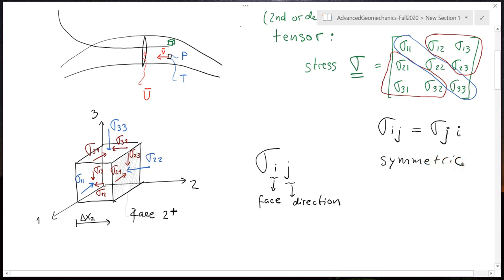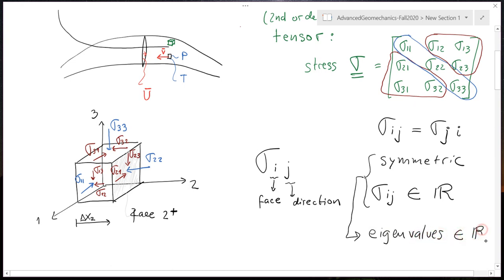All right, when we have a symmetric matrix, because we're also dealing with real quantities, that's going to mean that the values of the stress tensor are real numbers. If we have these two conditions, this is going to lead to a property of a matrix which are called eigenvalues, which are also going to be real numbers, and they are always going to exist.